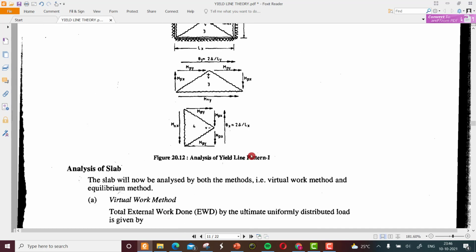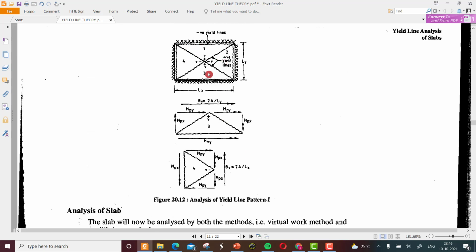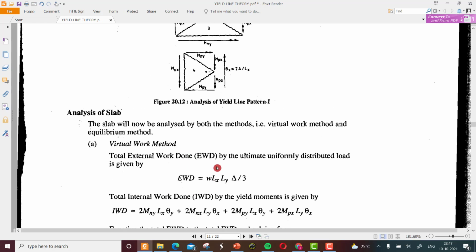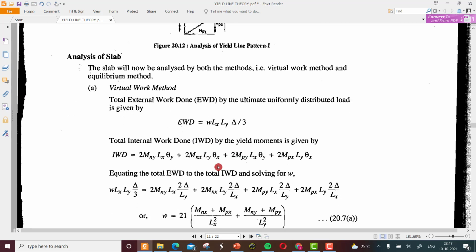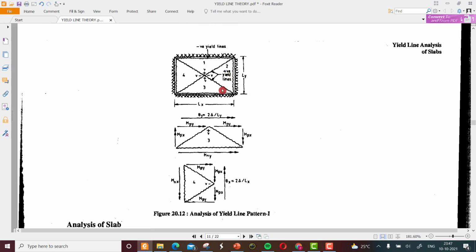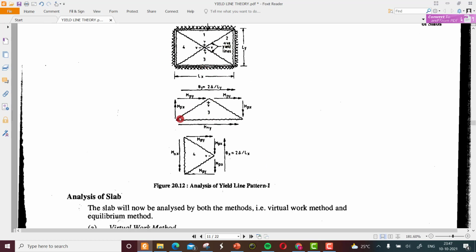So we have the 4 segments, 1, 2, 3 and 4. So you see IWD is equal to 2 into mny by lx into theta y plus 2 into mnx. So what are these mny, mnx and mpy? Let's see this free body diagram, the third segment.